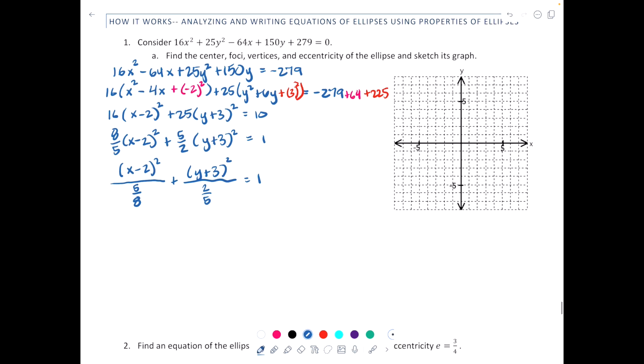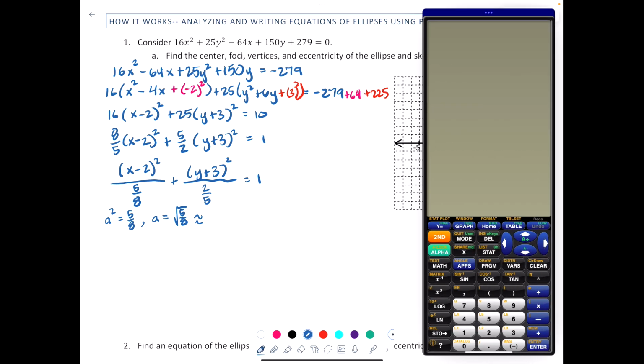So we know that a squared is 5/8, and a is the square root of 5/8, which is approximately 0.79. B squared is 2 fifths.